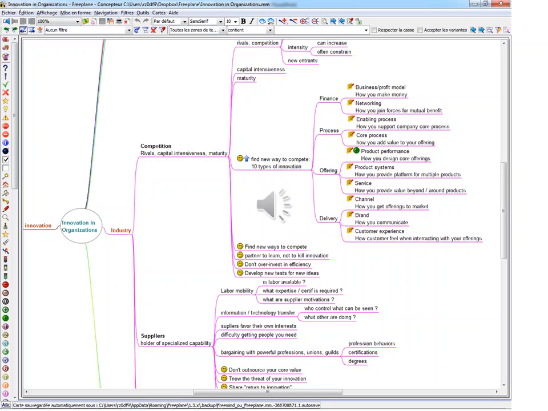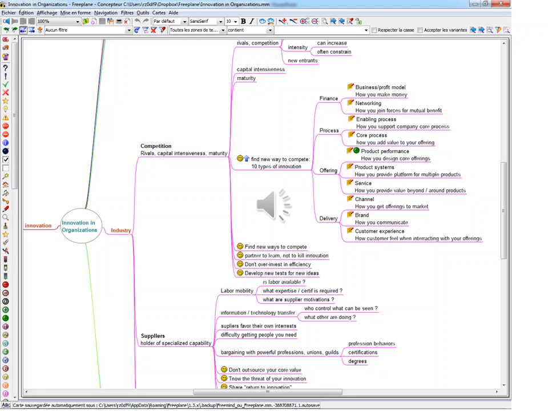In our organization, we tend to use product performance mainly to innovate, and not much in other possibilities. So this one is also important for us to be shown, to be understood, and to be used.